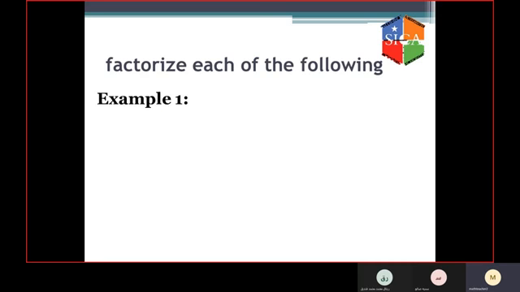Now we'll take another example. Tell me, what is our strategy here, Sumaya? We will factorize.